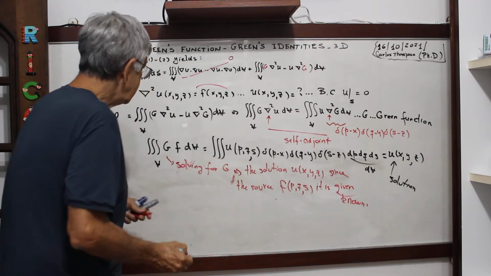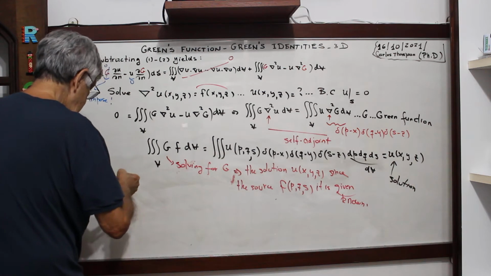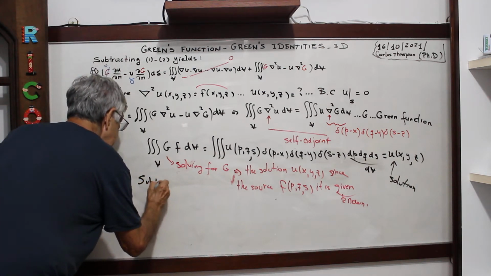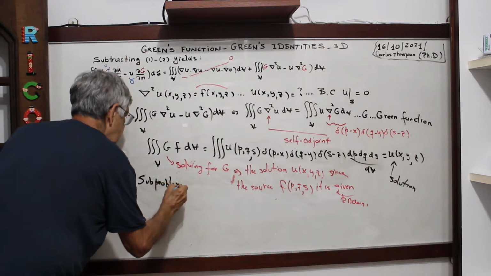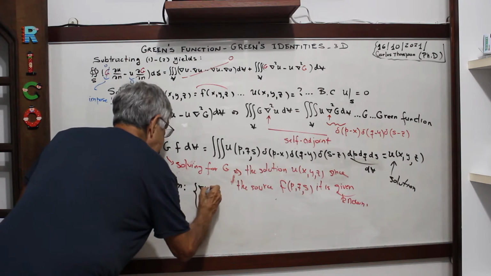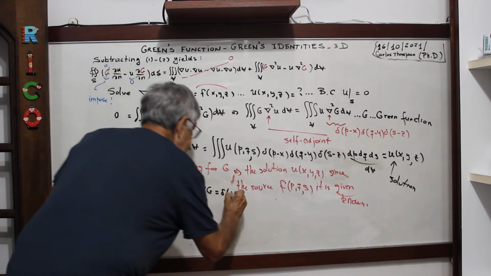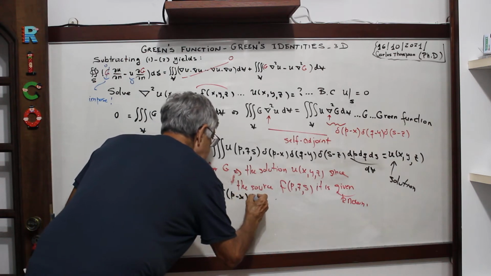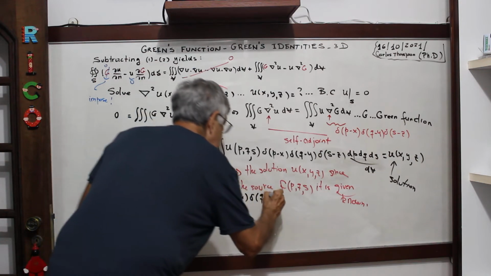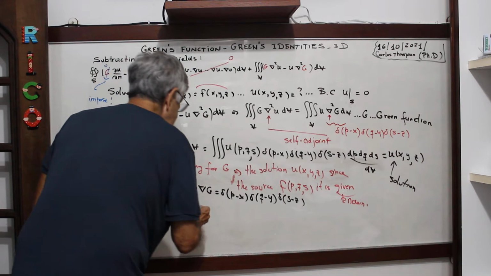Okay? Now, if I solve it, what? This sub-problem. What is the sub-problem? Laplacian of G is equal to delta P minus X, delta Q minus Y, delta S minus Z. Okay?